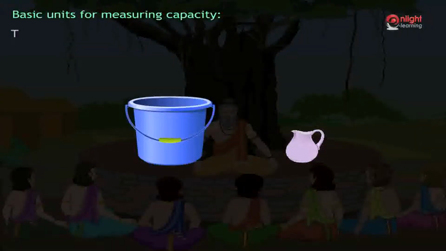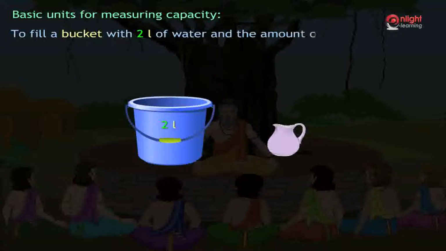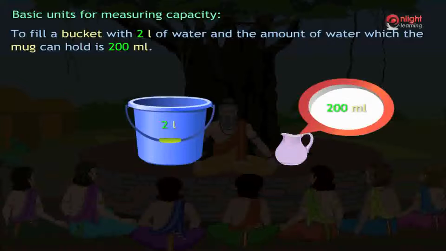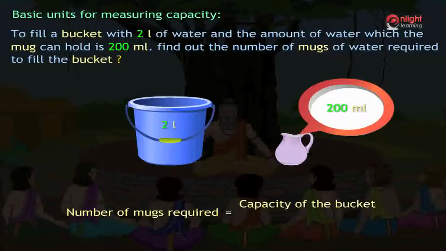Let us take an example. Suppose we need to fill a bucket with 2 liters of water, and the amount of water which the mug can hold is 200 milliliters. Let us find out the number of mugs of water required to fill the bucket. Number of mugs required to fill the bucket equals capacity of the bucket divided by capacity of the mug.